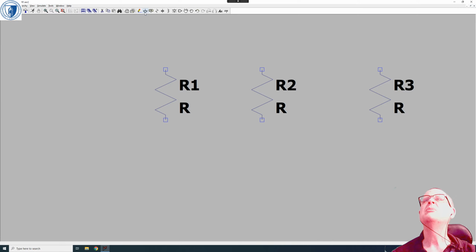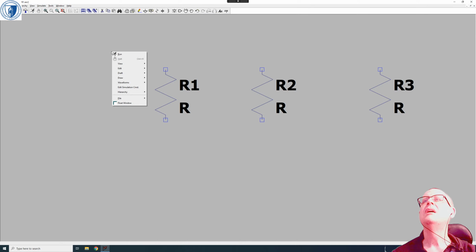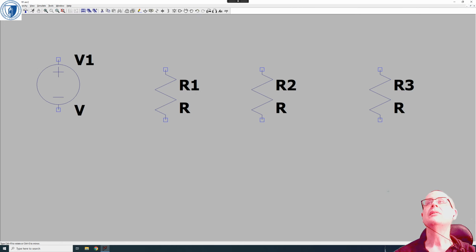Now how do I get a voltage source? If you just right click on the gray part and then go to draft, then I get the component. That's the same as macOS.